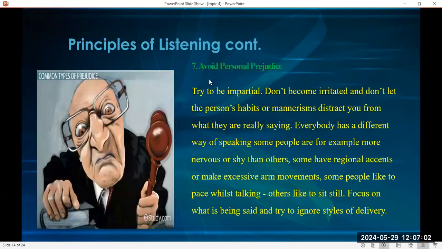Principle number 7, avoid personal prejudice. Personal prejudice is trying to judge people. When you try to judge people even before they speak, that means you will not listen to them.